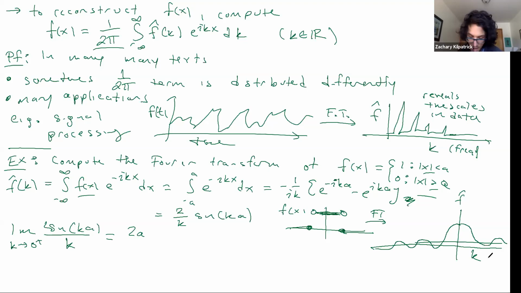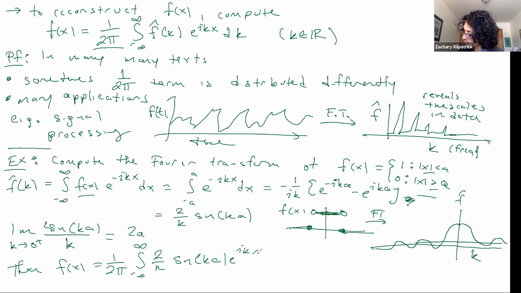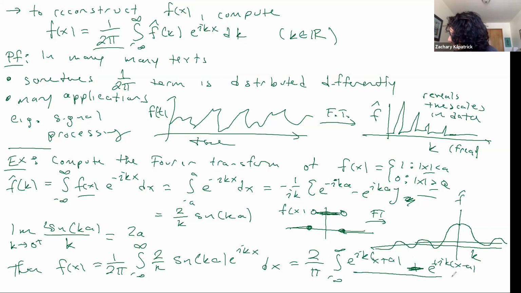Sure. Okay. So if I want to recover f of x from this, I can compute the inverse Fourier transform now, which is going to be 2 over pi integral from minus infinity to infinity, e to the i k x over a, e to the plus i k x minus a divided by k dk, okay?